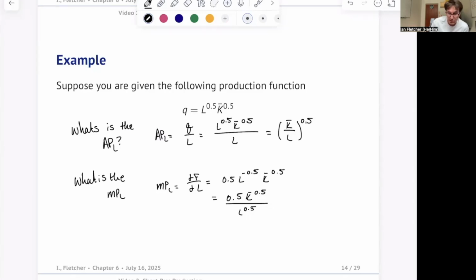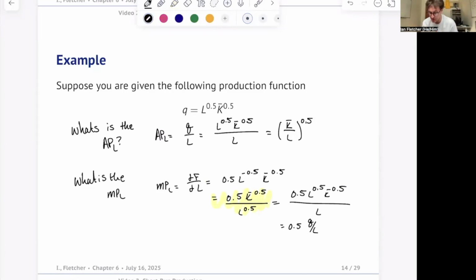And lastly, there's another way that we could write this, if we multiply top and bottom by L to the 0.5, it could also just be 0.5 times Q over L, but I think I would prefer you guys to write this answer.